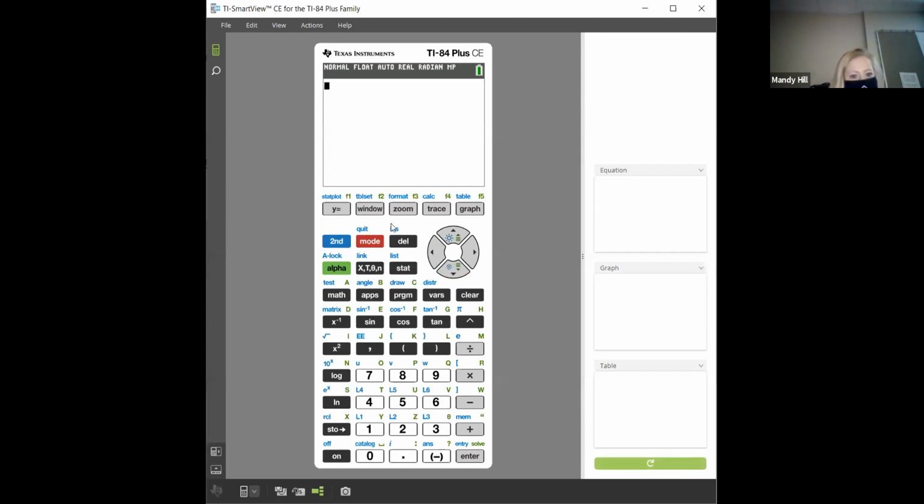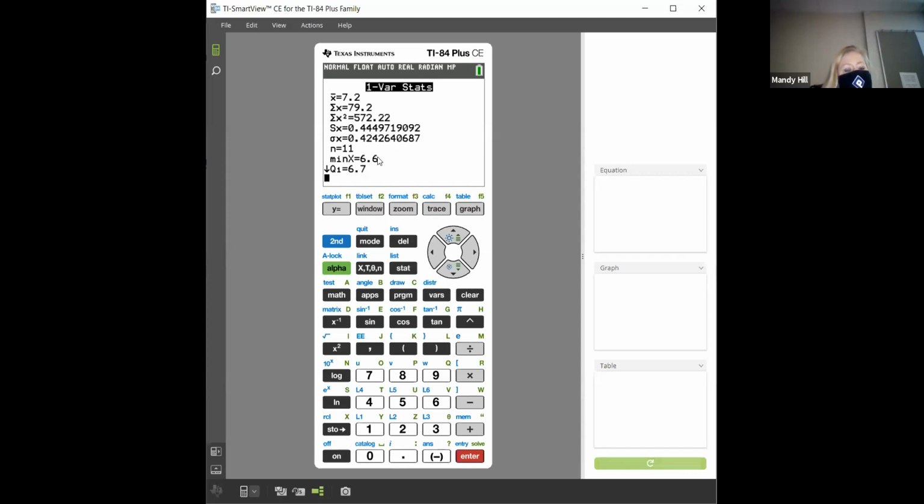I'm going to go to stat and hit enter. I'm going to go to calculate, because I've already typed in the lists for Big Bank and Best Bank. I'm going to hit enter. This is looking at list 2 first, which is fine. It doesn't matter which list I look at first. List 2 is fine. We'll change it back to list 1 in just a minute.